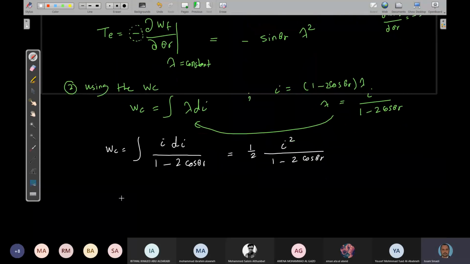Now, if I need to calculate the torque here according to the Coenergy, let's see before that. This is a function of what? I and theta r. So I can use the differentiation directly. I can say that the torque is equal to partial omega c by partial theta r when I is constant.